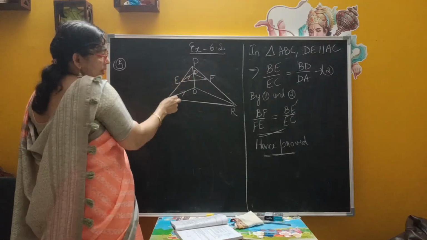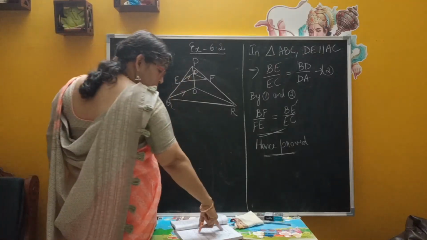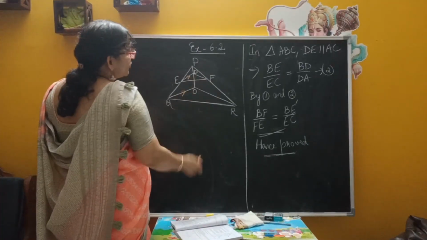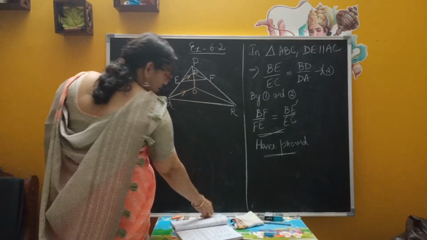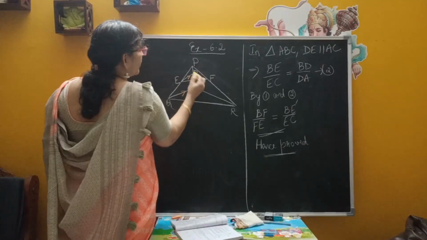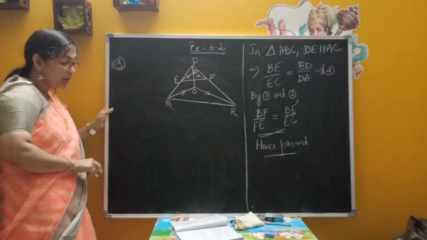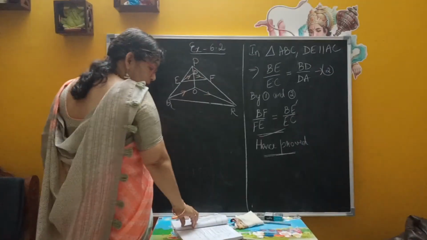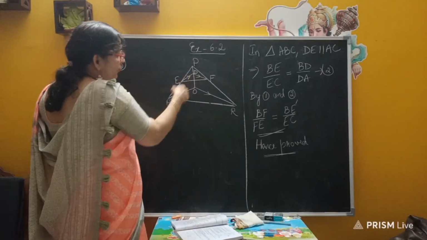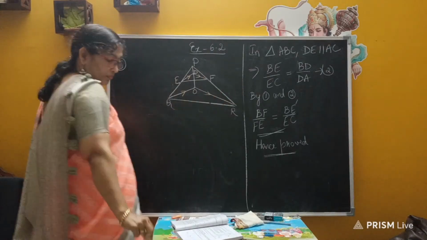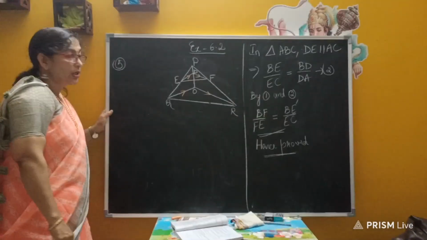These two are parallel lines. Next, DF parallel to OR, which is DF, this one, DF parallel to OR. One more set of parallel lines. Show that EF parallel to QR.